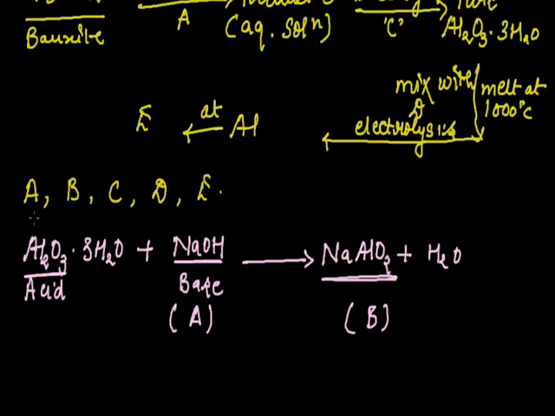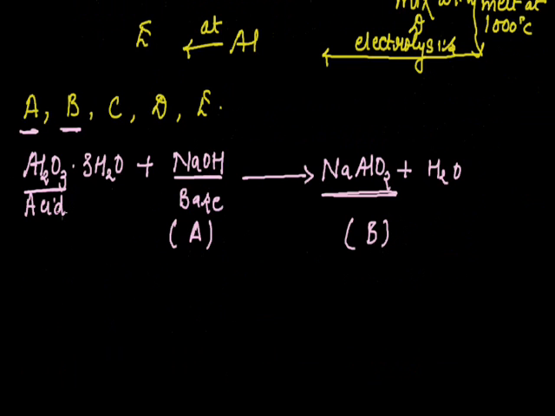So we have identified what A and B are. Now we'll see the further reaction when a bubble gas C is passed into the sodium meta-aluminate. It gets converted into pure alumina. That gas is carbon dioxide.